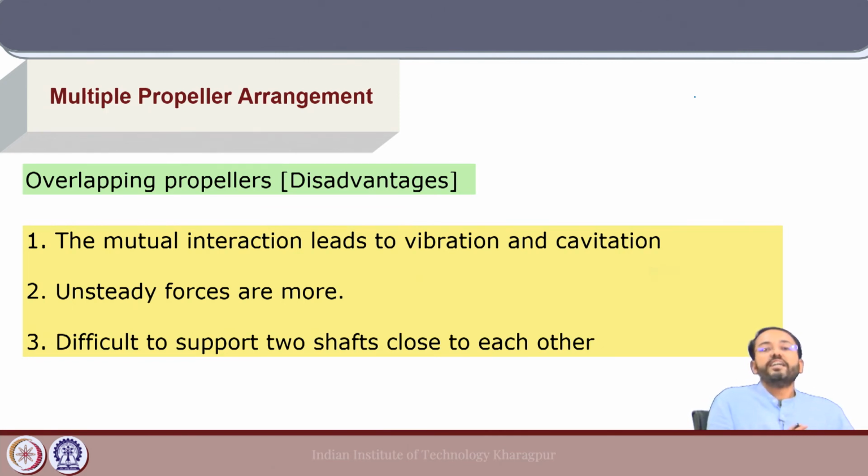The first disadvantage is the strong mutual interaction between the two propellers. For overlapping propellers, the two sets of blades are operating very close to each other, and the flow fields have a strong mutual interaction due to the induced velocities from each propeller.